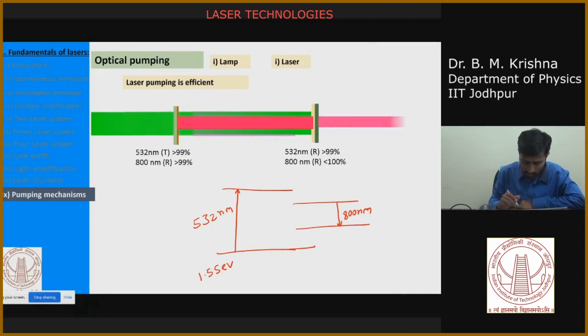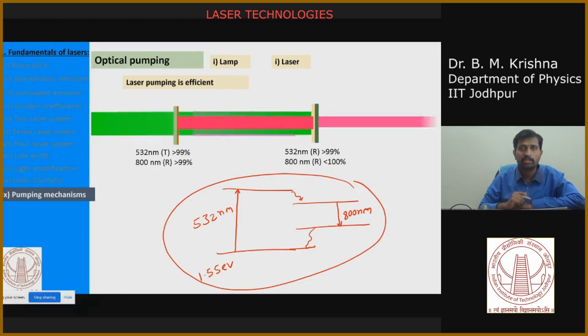That is why stimulated emission triggers your lasing action, and you will get 800 nanometers. These are the energy levels for your active medium. You got it?